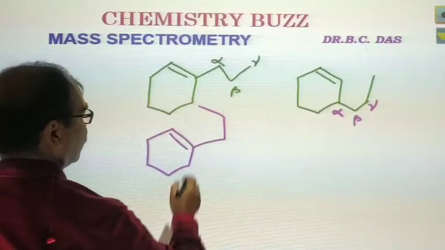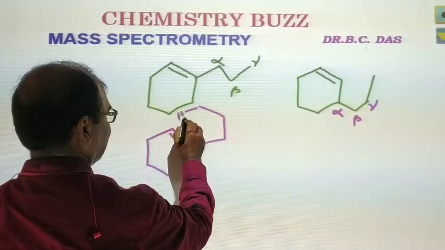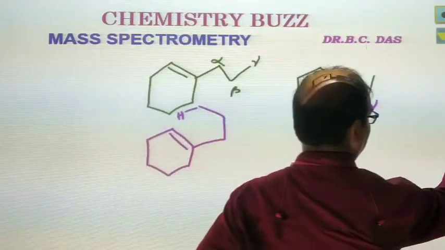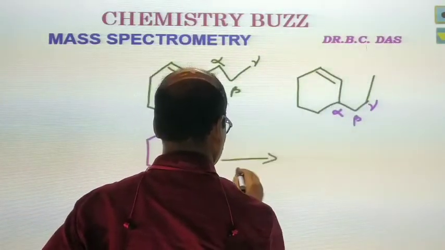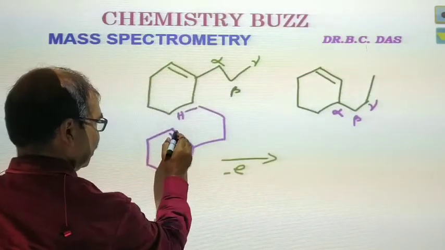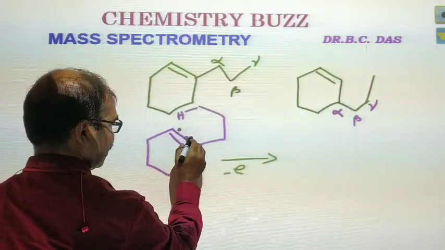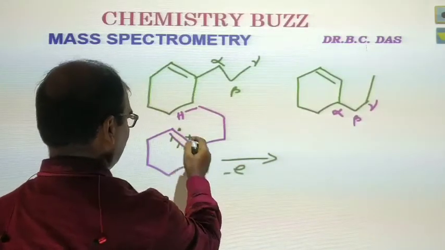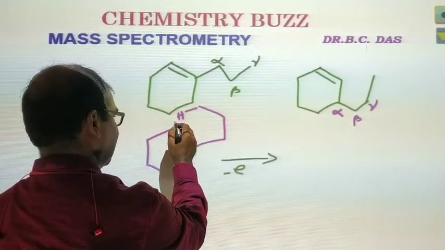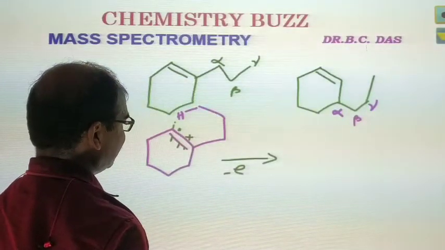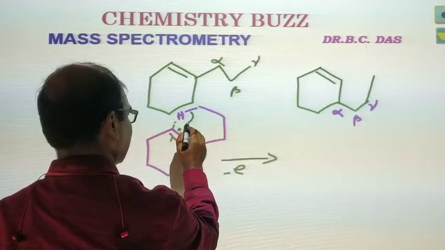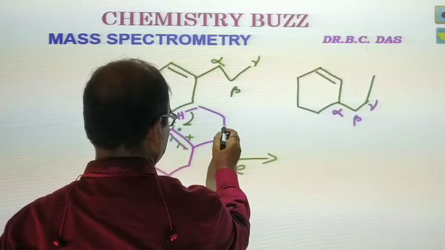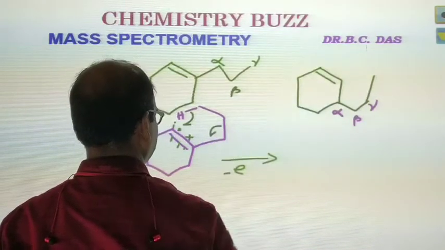We can rearrange this molecule in this way, and the gamma hydrogen is here. When ionization occurs with removal of an electron, here it will be a dot and a plus, and the double bond will vanish. The double bond will ionize to the dot and plus. So there will be a 6-member transition state, followed by this cleavage, and again followed by this cleavage.